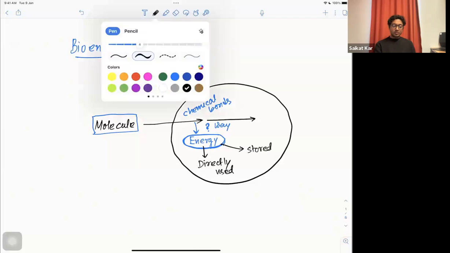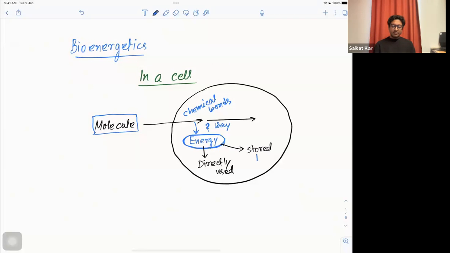Whenever it is stored, we find a molecule named ATP, adenosine triphosphate. I'll come to the structure and every detail of all these things, but now it's just a basic idea of how the laws of thermodynamics are applicable to a cell.